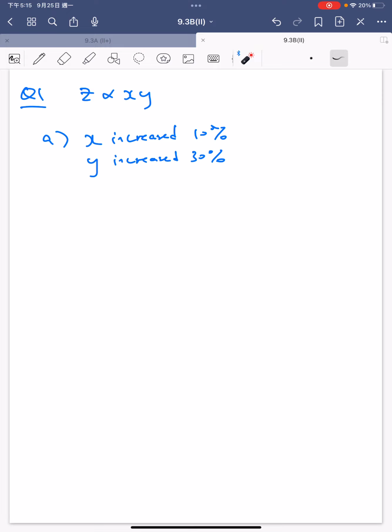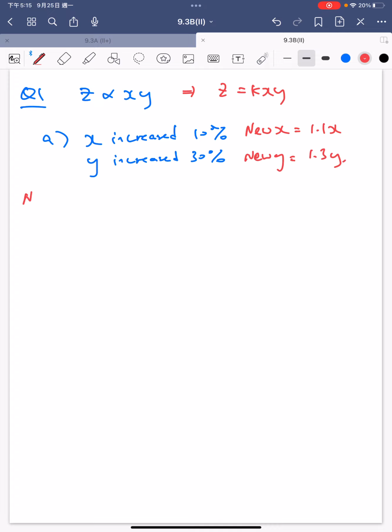We have that z is proportional to x and y, which means we can write z is equal to k times x times y. As x is increased by 10%, our new x is equal to 1.1x, and the new y will be 1.3y. So now the new z is equal to k times the new x times the new y.